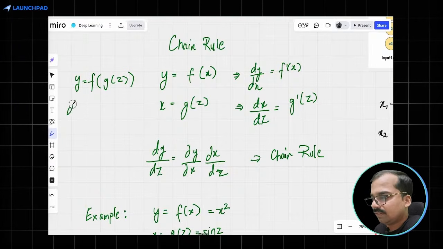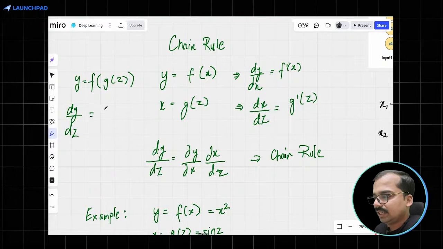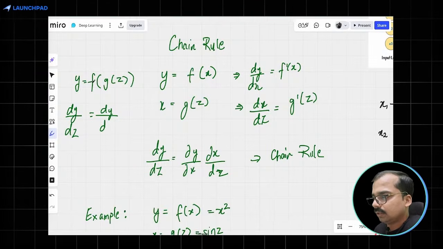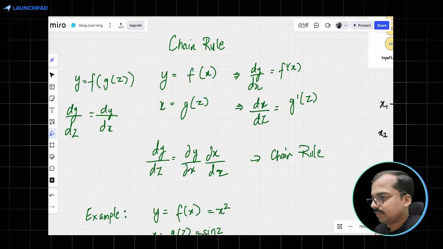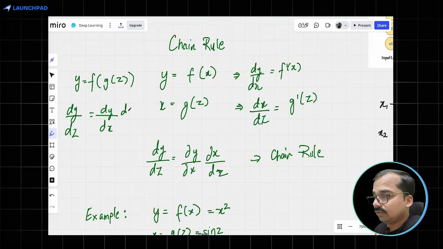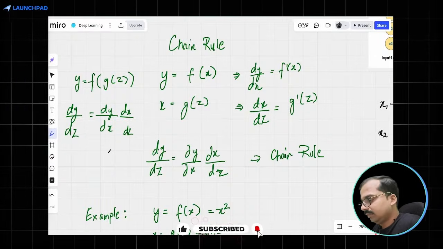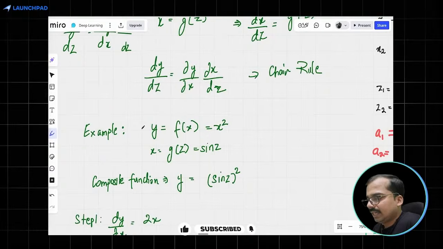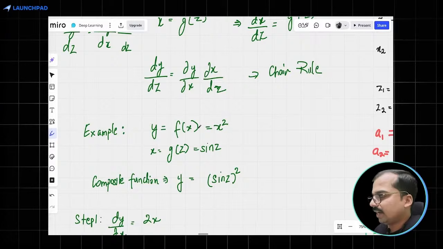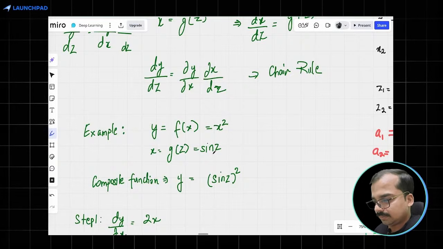And if I want dy/dz, first I need to differentiate y with respect to this x, because y is a function of x, and then I want to differentiate x with respect to z. Okay, let me give you another example. Here I have y = f(x), and the real example is y = x squared and x = sin z, right?